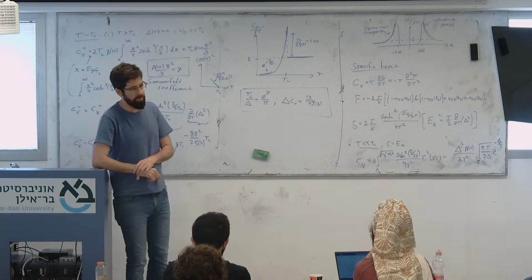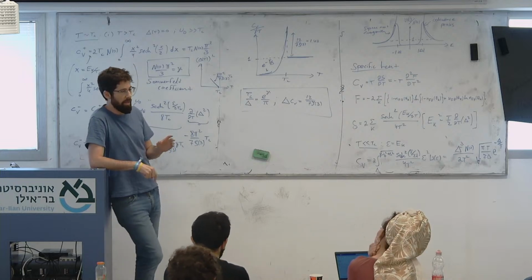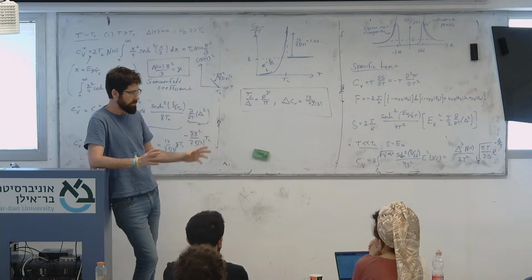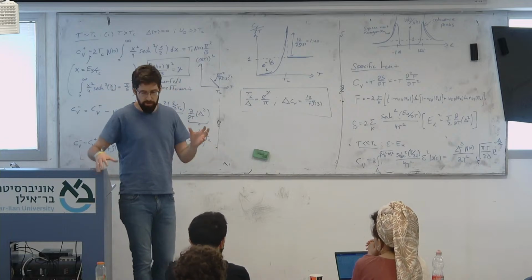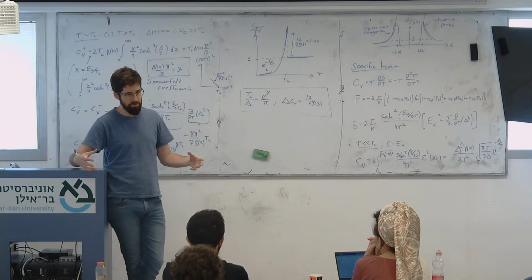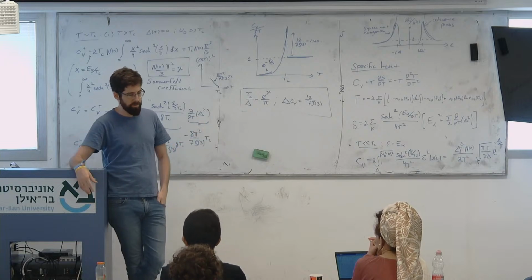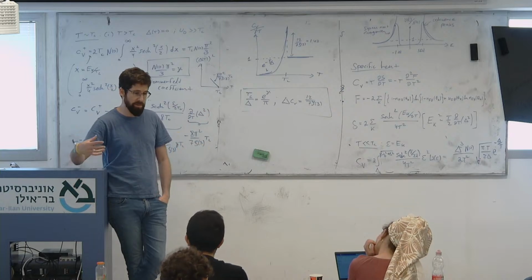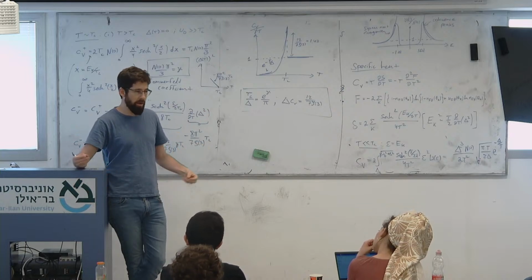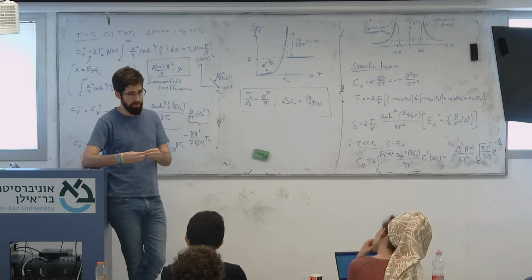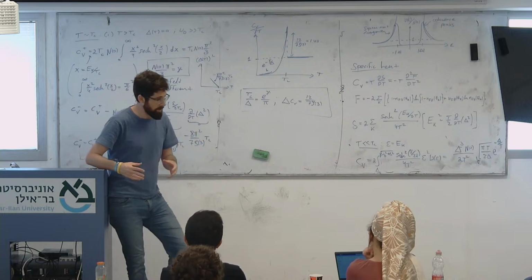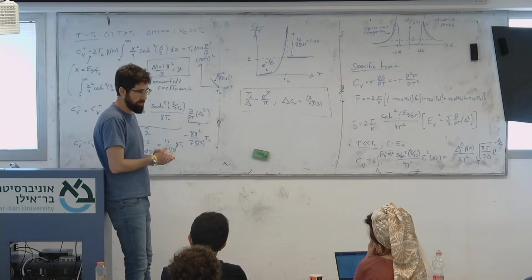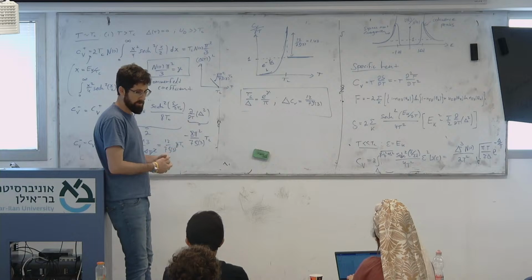Unfortunately, this is what I will manage this year. So we saw two pillars that the theory of superconductivity is standing on. And now the question is how to connect them. Because the Ginzburg-Landau theory was completely phenomenological. We just wrote parameters.